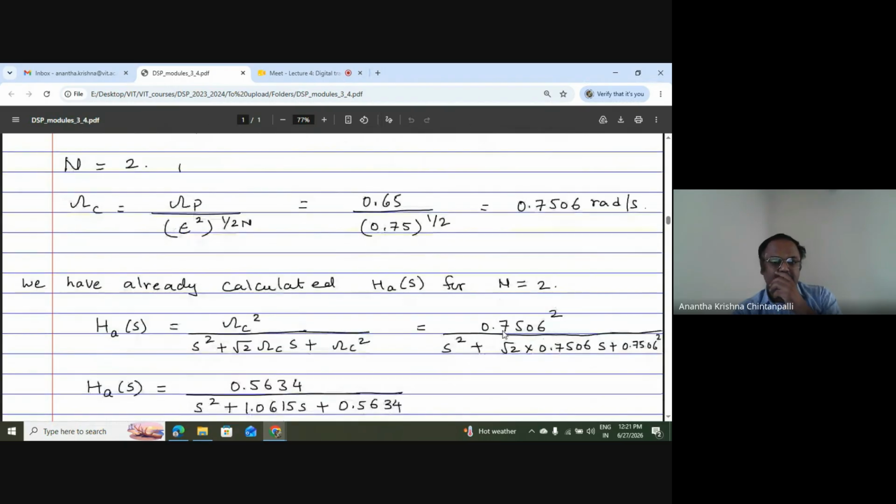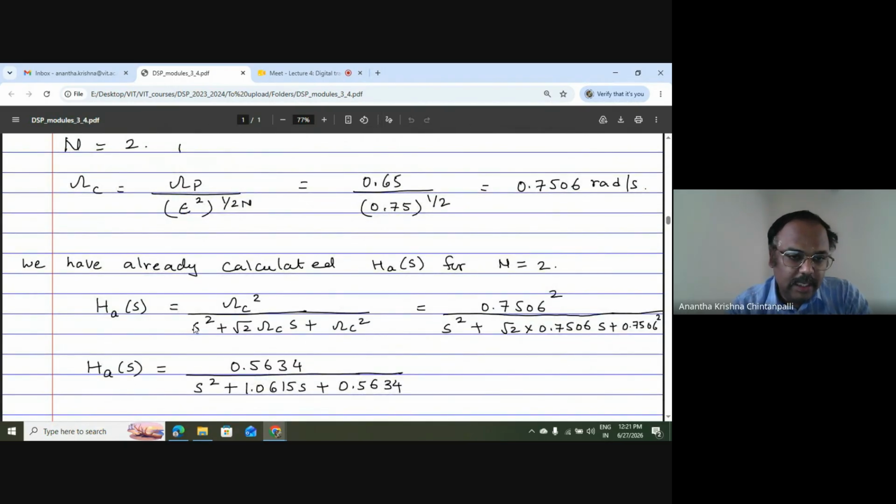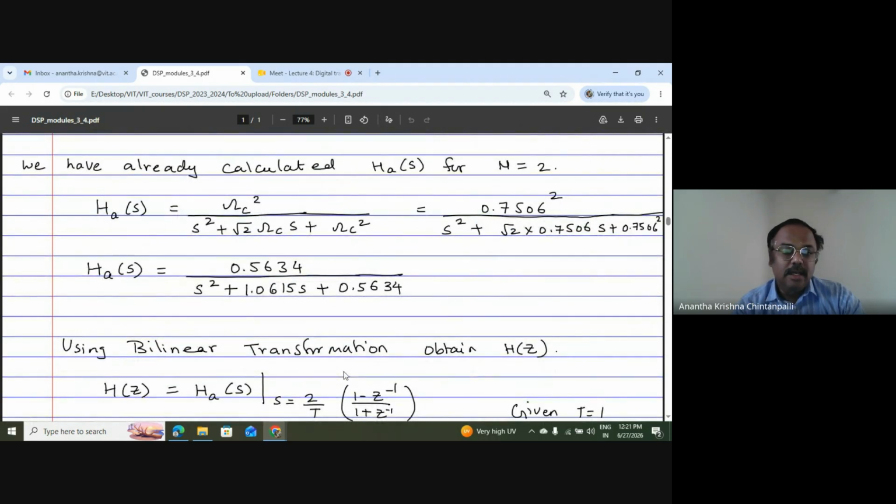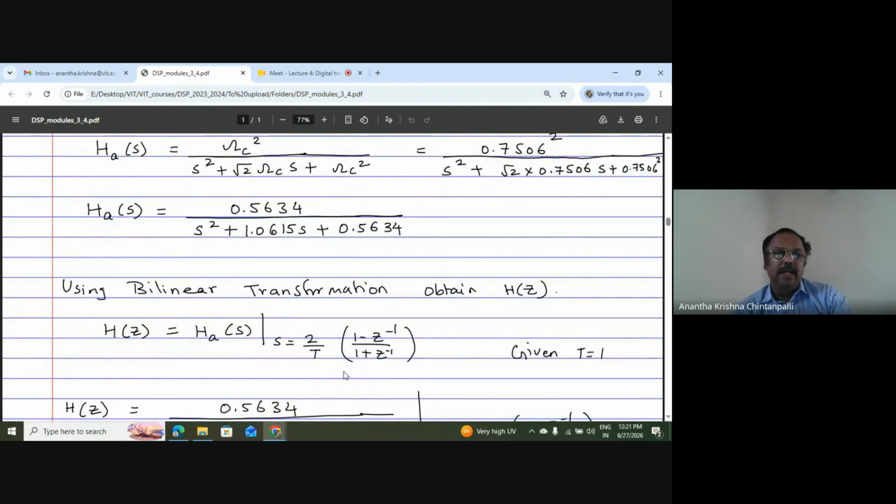Now for n is equal to 2, we already know that H of s is given by this expression, omega c squared divided by s squared plus square root of 2 omega c s plus omega c squared. So I just substitute the value of omega c, and finally I get this answer. Now from here I need to design H of z using a bilinear transformation.